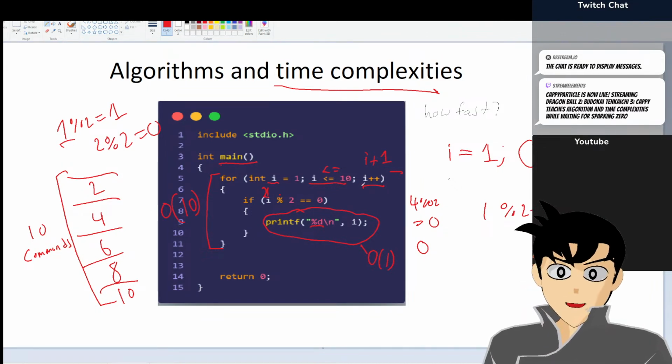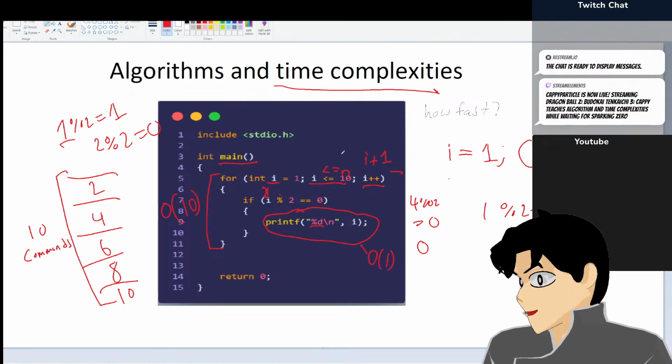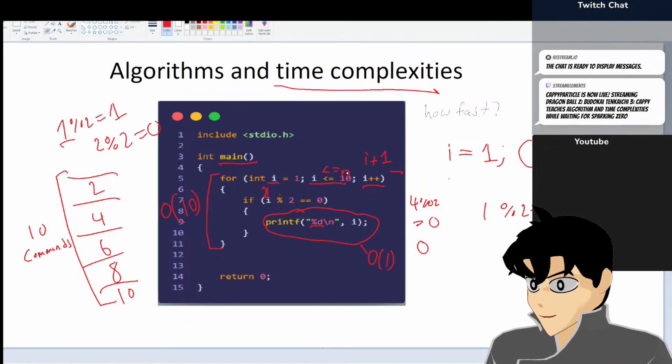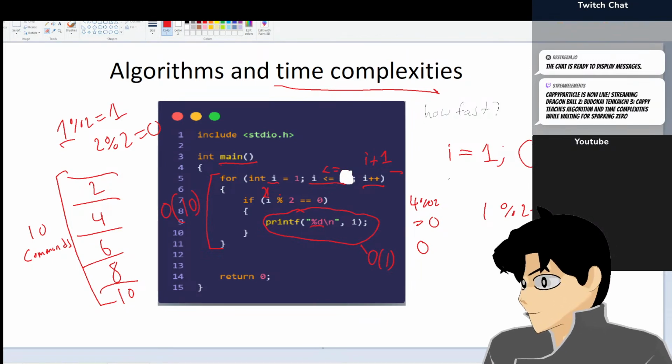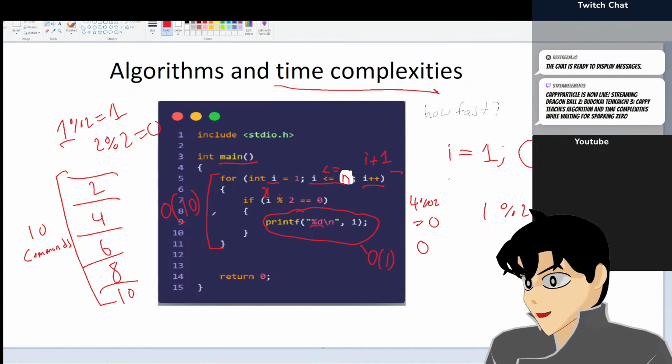But if it was more like typical computer science variables, we use n as the variable. You would write it like this, n.